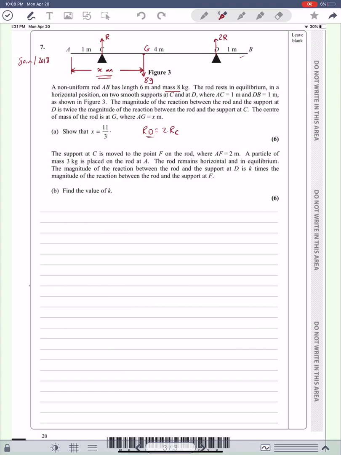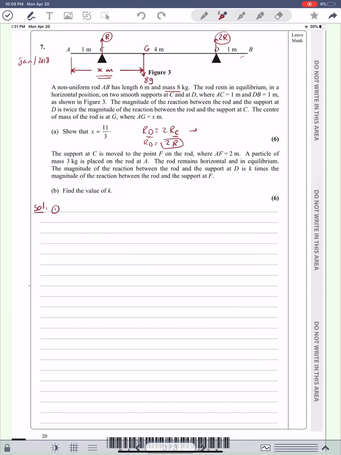So when you write that, does it make sense? The reaction at D is 2R, like I did, 2R and R. Then we start solving as we know. We don't care how he asked us in the question. Just continue with what you know. First, the equation with the forces.